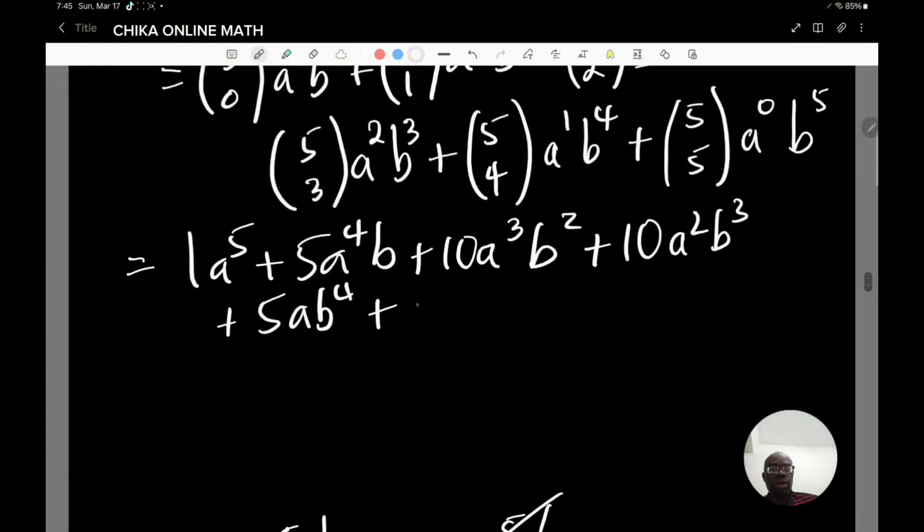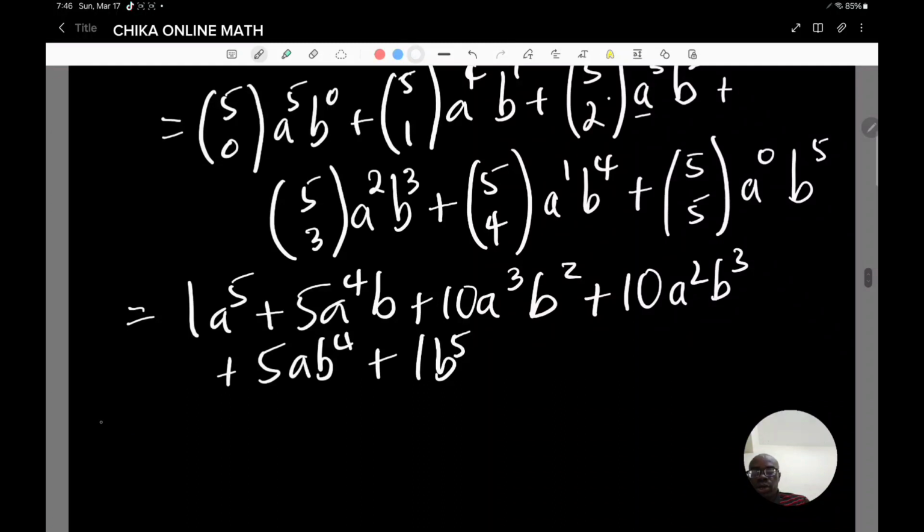Okay, so we're having what? 1 a raised to power 0, which is same thing as 1. Okay, so we can remove a raised to power 0, then b raised to power 5. So this answer is nothing but what?